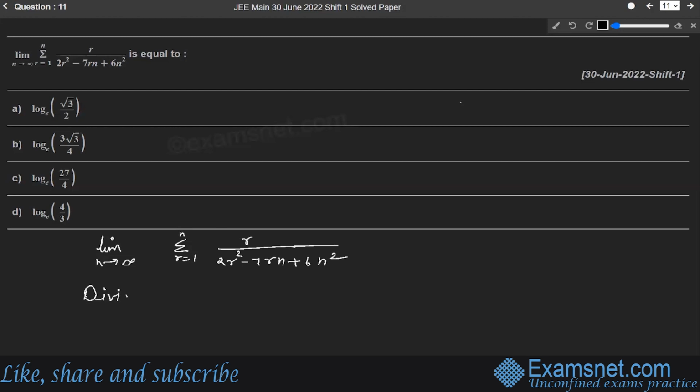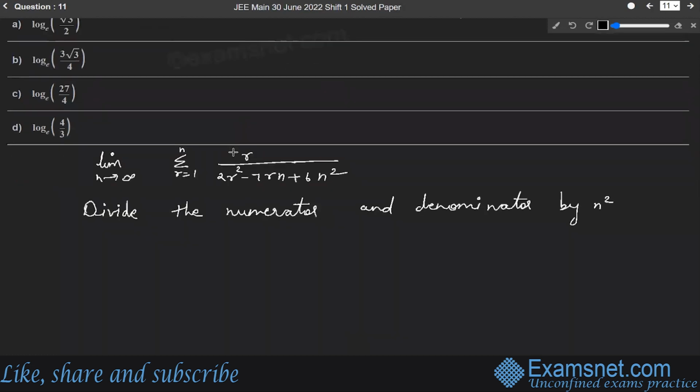So when we divide it, we get limit n tends to infinity.